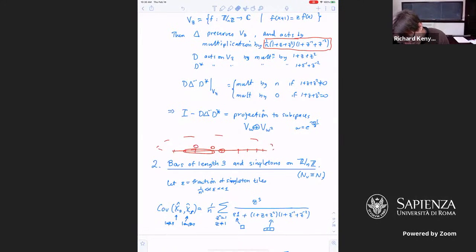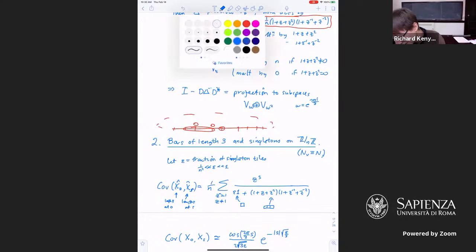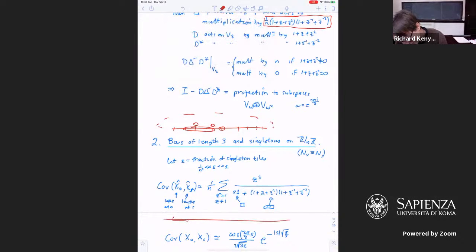So here's the origin, and over here I have a point s, and I want to know the random variable which tells me how many of these tiles I have, versus the covariance between the number of tiles here and the number of tiles there. And here's an explicit formula, and it involves the Fourier coefficients of this kind of interesting function here.